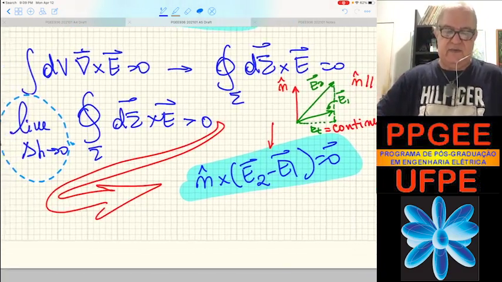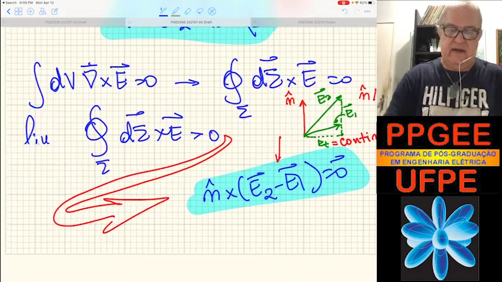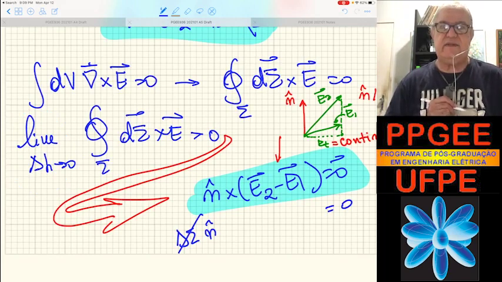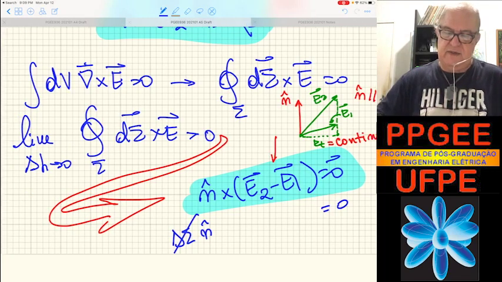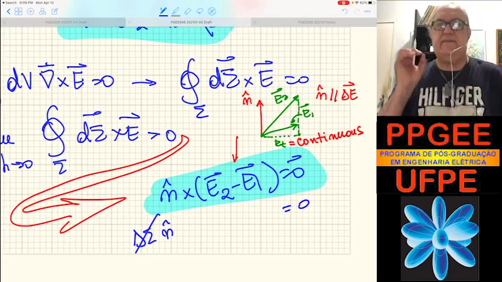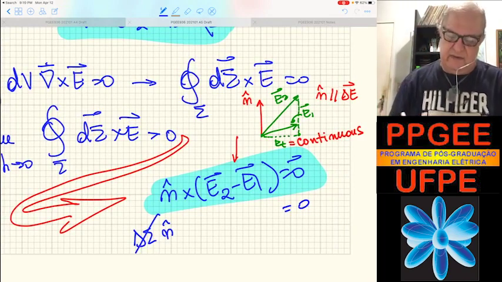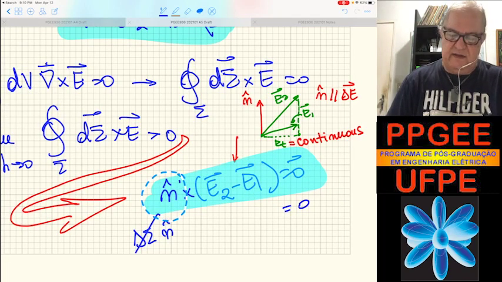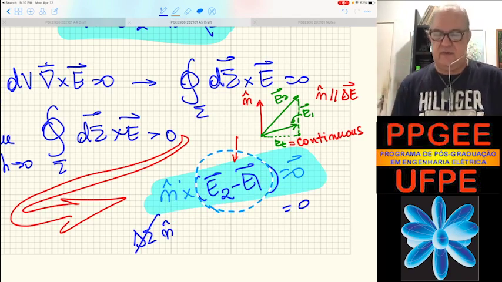The result that we get is delta sigma times n cross the difference equals 0, so delta sigma you can remove. That's the boundary condition on the E field, which is this one: n cross the difference between the vectors on the two sides equals 0.